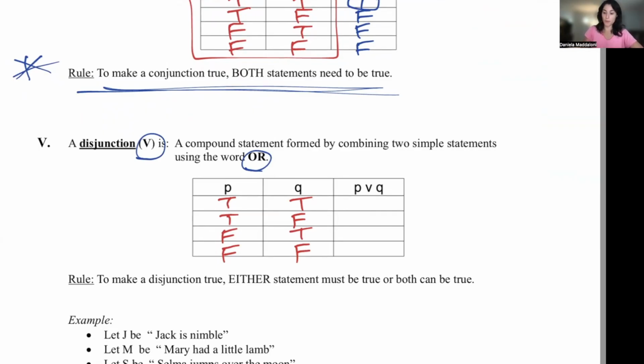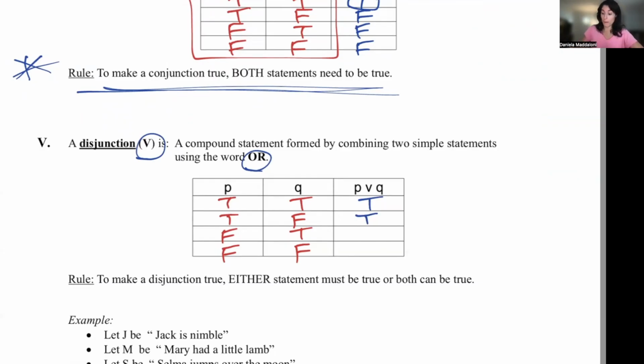Remember the pen and the pencil argument, we had three values. If P is pencil and Q is pen, bringing a pencil or a pen could mean you bring both, so that would work. Or you could bring a pencil but not a pen.